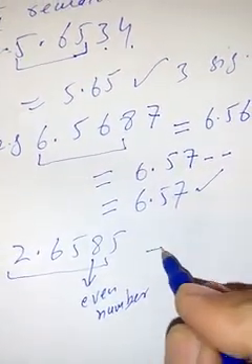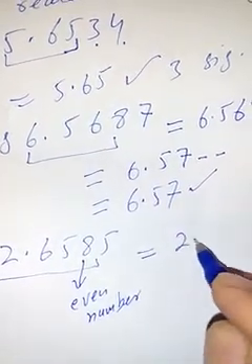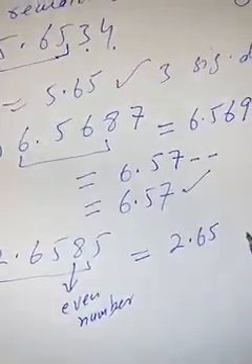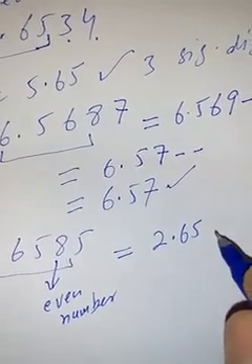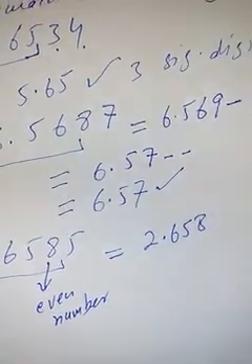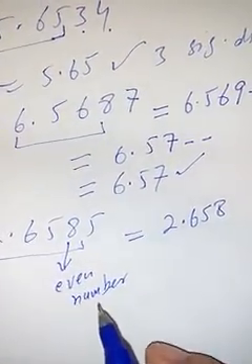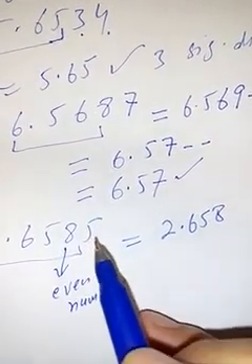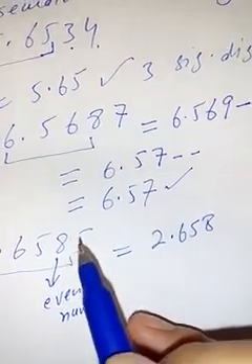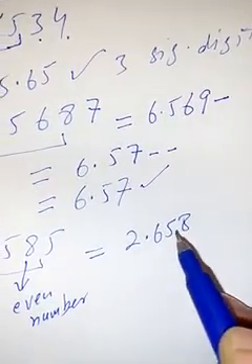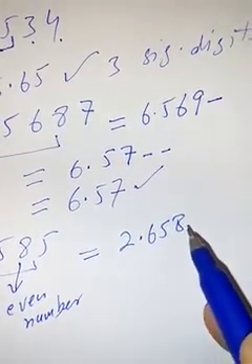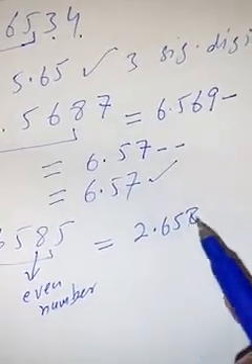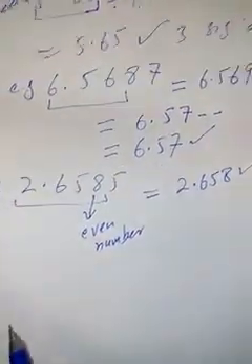So we can write it as 2.658. If the last retained digit is even and the dropped digit is 5, then it will be skipped without any change in the retained digit, which is an even number. So this becomes the rounded up value.